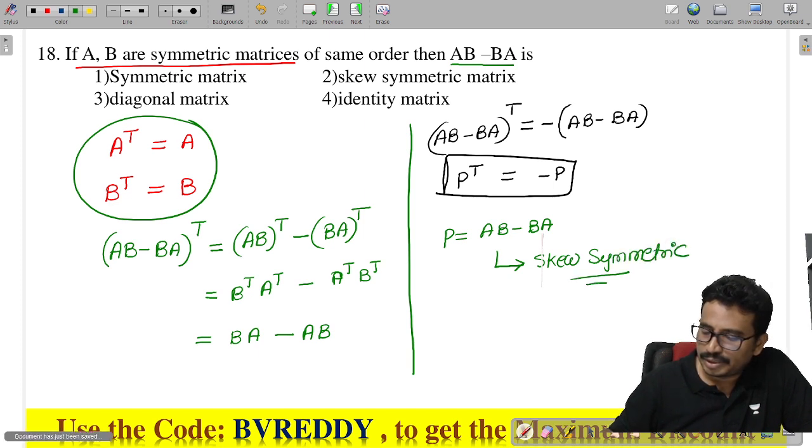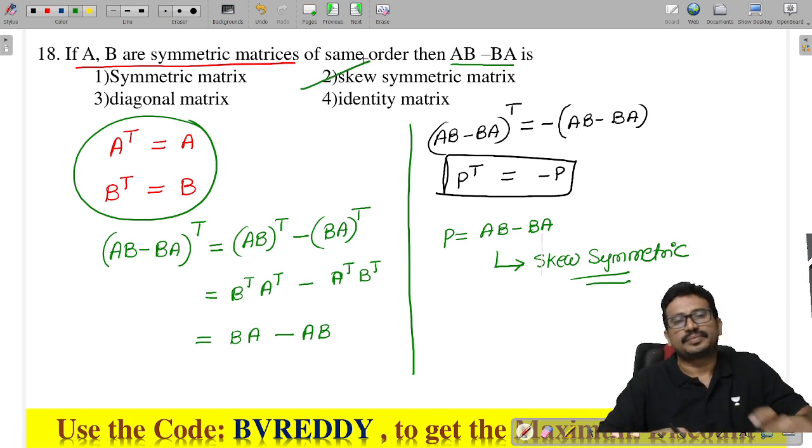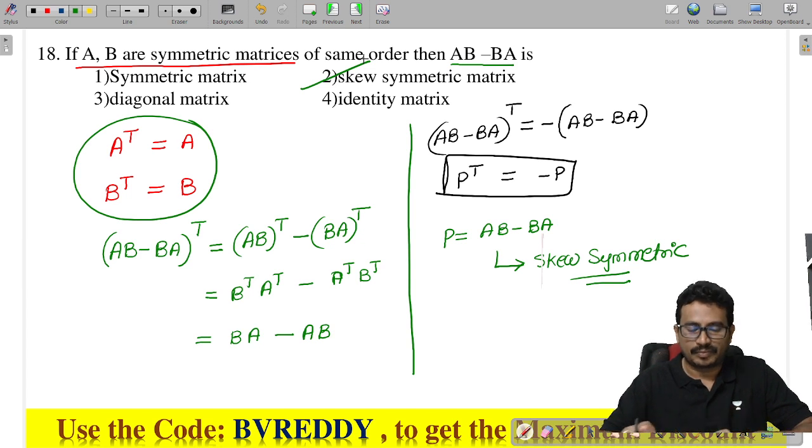So this is a skew symmetric matrix. So second option. Fine, all of you.